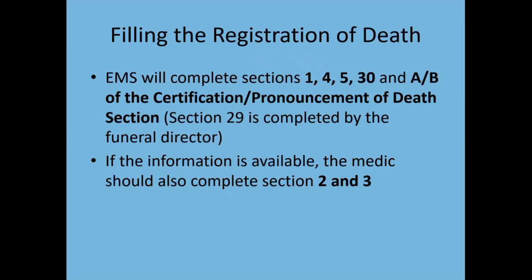EMS will complete sections 1, 4, 5, 30, and A and B of the certification pronouncement of death section. Section 29 is completed by the funeral director. If the information is available, the medic should also complete sections 2 and 3.